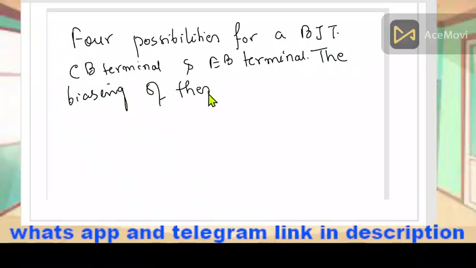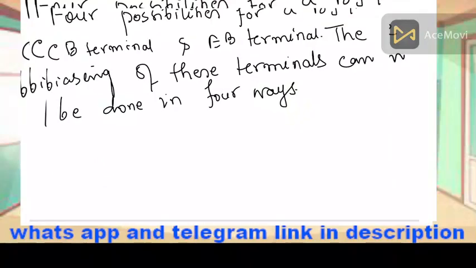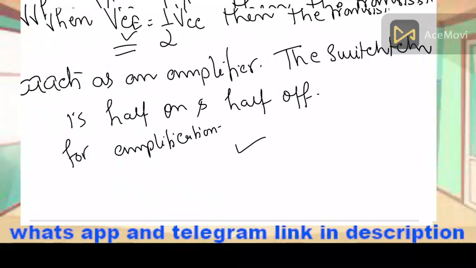Biasing of these terminals can be done in four ways. What are the four ways? Let us see. The type of biasing decides what kind of performance, what kind of action we are going to observe.